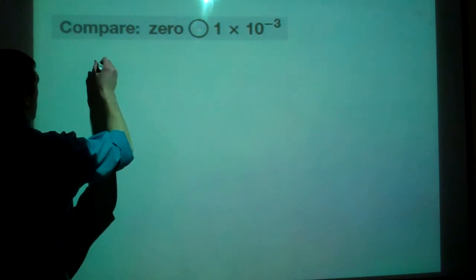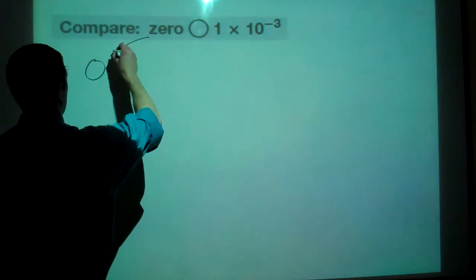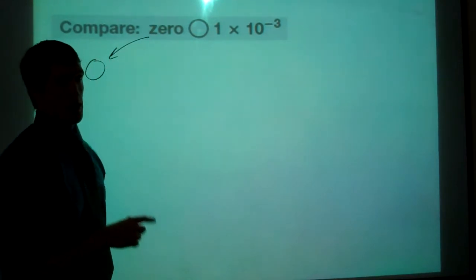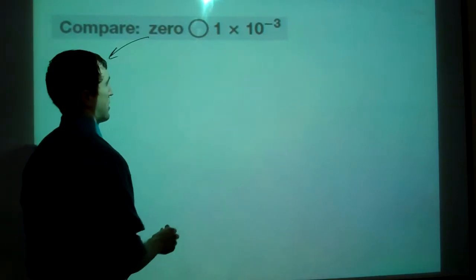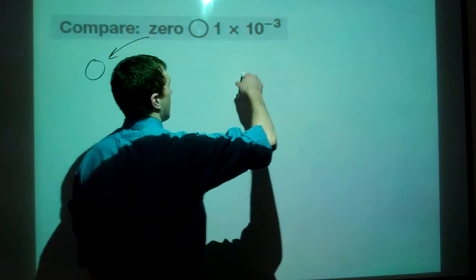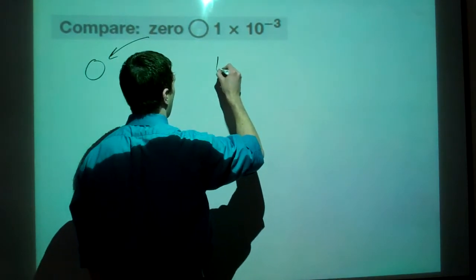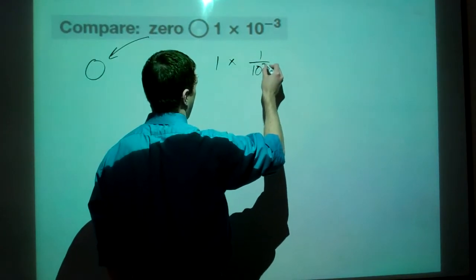So we've got 0 over here, and we're just going to let 0 sit there for a little bit, and we'll work with 1 times 10 to the negative third. A couple different ways we could represent this. We know that 10 to the negative third actually means 1 times 1 over 10 to the third.